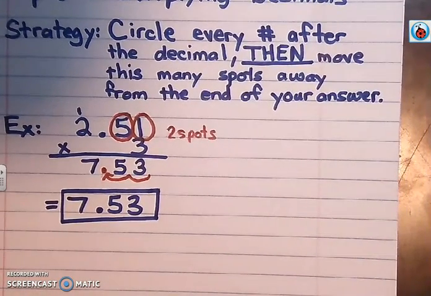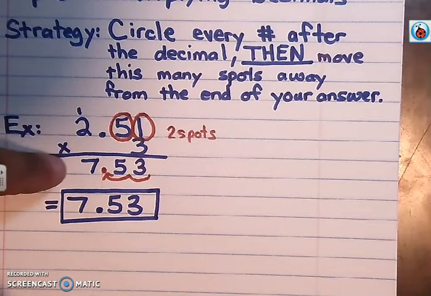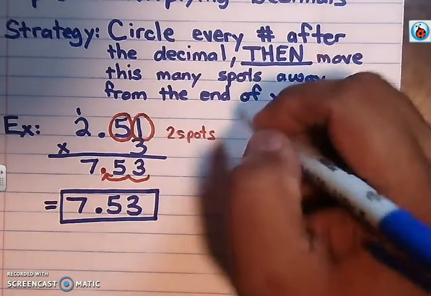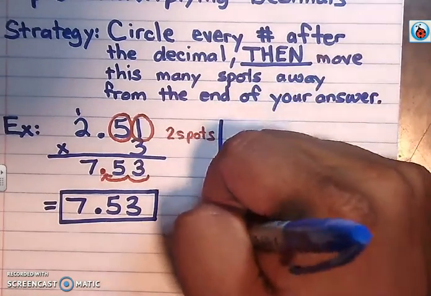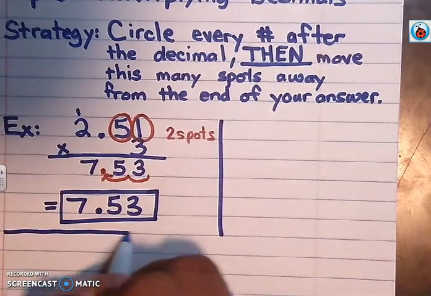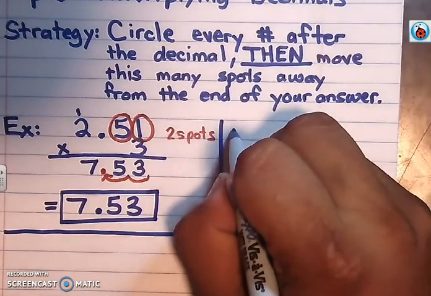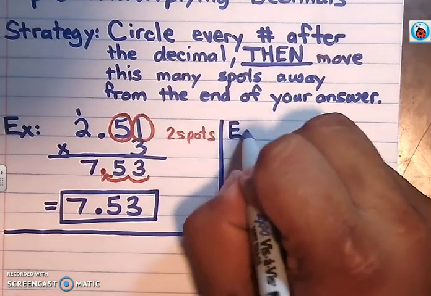So in a minute, you're going to see an example where there is a decimal on the top and a decimal on the bottom. And you'll see how the answer works there. So here's going to be our second example.